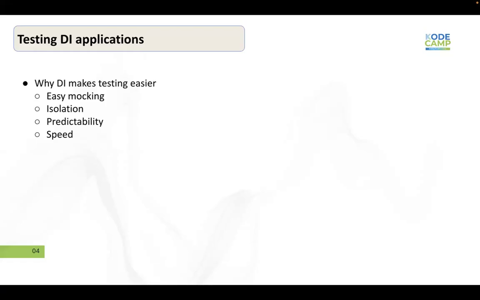So dependency injection makes testing much easier because, one, easy mocking. You can inject mock implementations. Two is isolation. Test one component at a time. Then predictability.